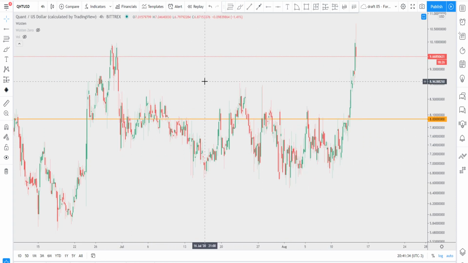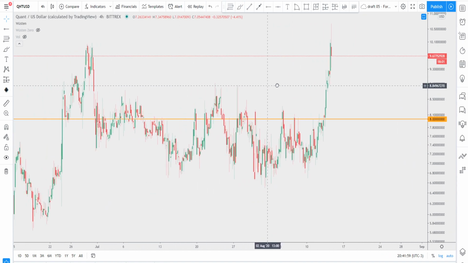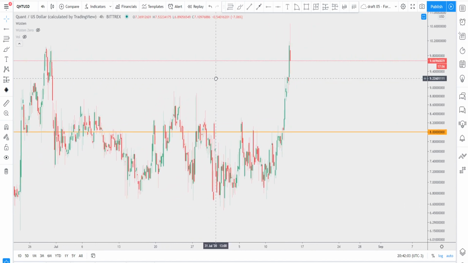Okay, so this is another proof that we have the market maker moving the market, but people trading, no, maybe 1%, maybe 2%, but the fact is 95% plus are moves made by bots. Okay, and this is not only about Quant, but also many other coins and tokens in the market.